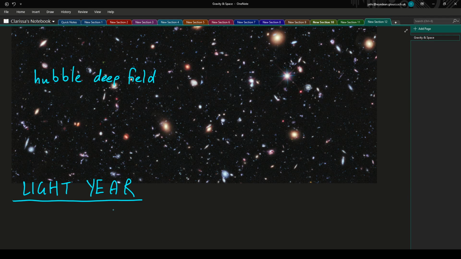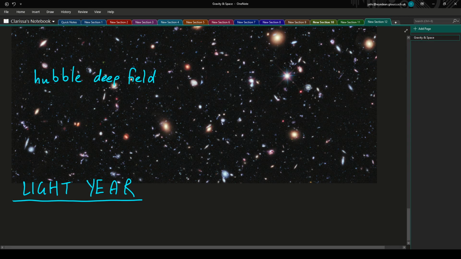So we came up with a new unit of measurement called the light year. And once again, common misconception alert: because it's called a light year, a lot of people think this is a measurement of time, but it's not. It's a measurement of distance. I'm going to write that out just to clarify and establish.